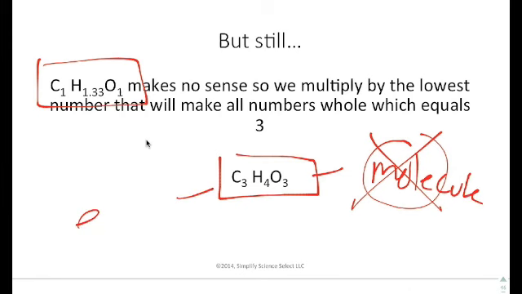It is the empirical formula, which means it's the lowest combination of these to actually get them to fit. It's the lowest common denominator. Now, that does not mean that it's not this. It could be C3H4O3, but it doesn't have to be. It could be C6H8O6, or any combination of those that you can multiply by a whole number.